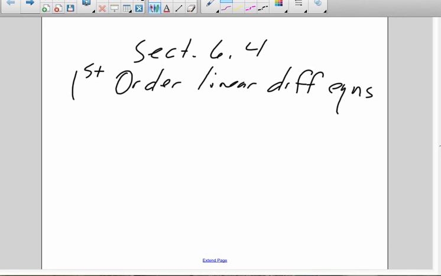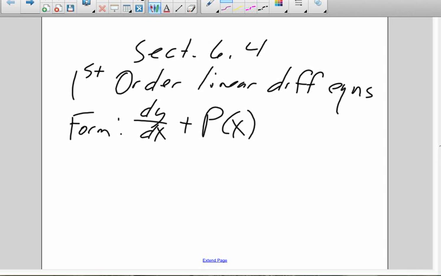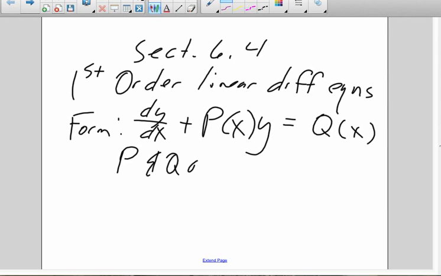Okay, now these equations occur in the form, and this is the form we want to get them in, of dy dx plus some function p of x times y equals q of x, where p and q are functions only of x.